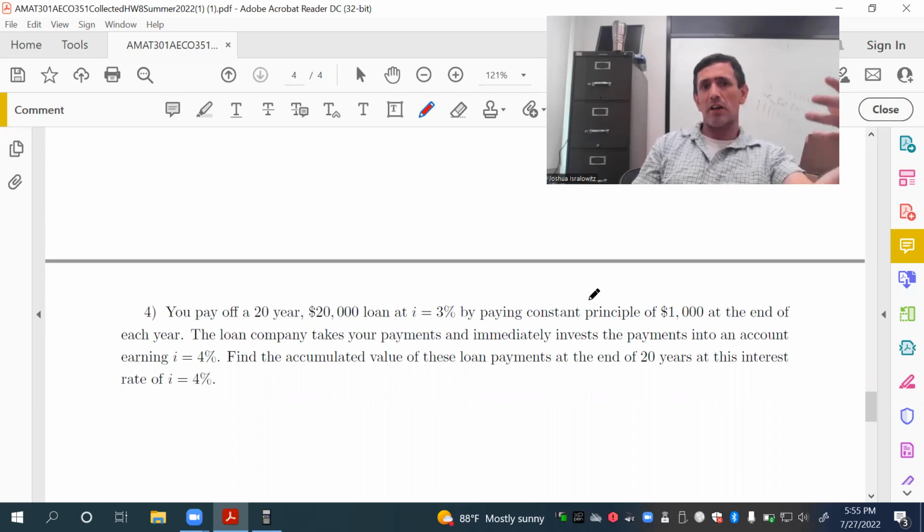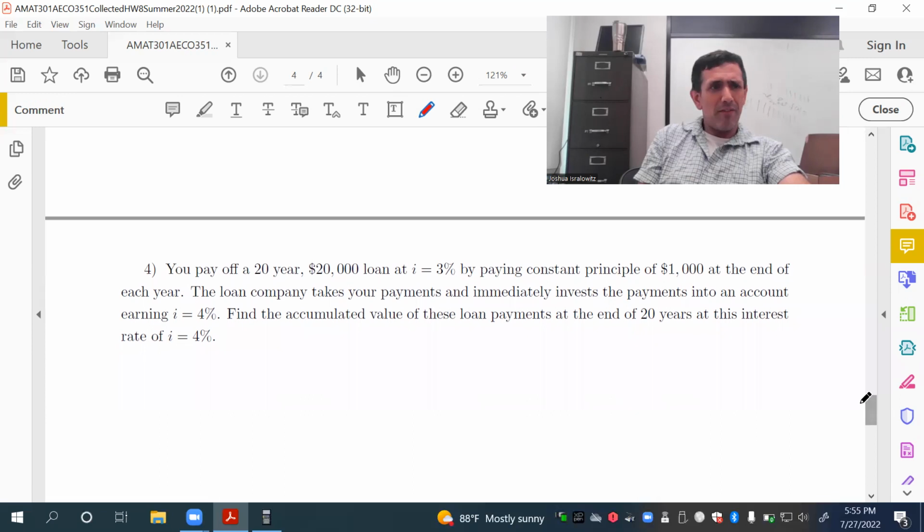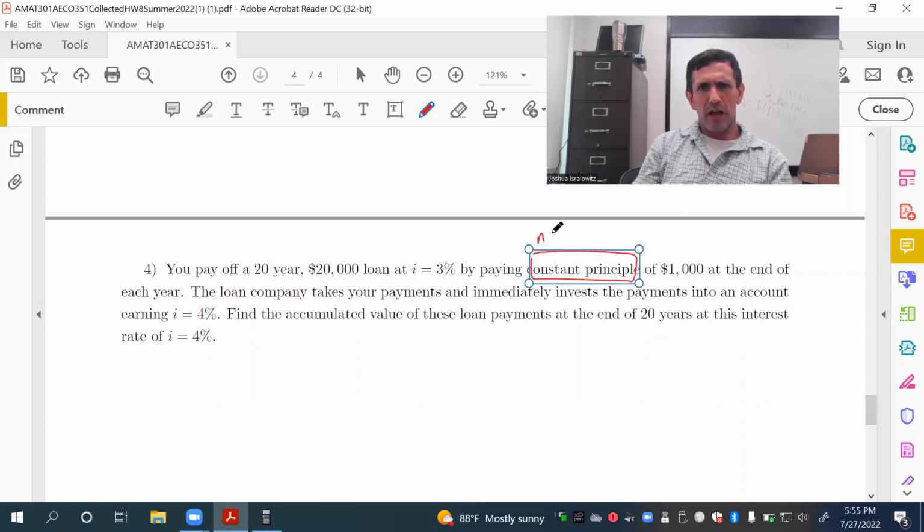You're paying interest on less and less principal, so that your total payments, principal of 1,000 plus interest payments, decrease. It's not your job to figure out in a clever way what the payments are. I gave you the formula. So this is constant principal, not constant payment.